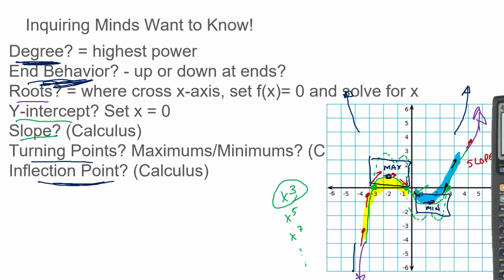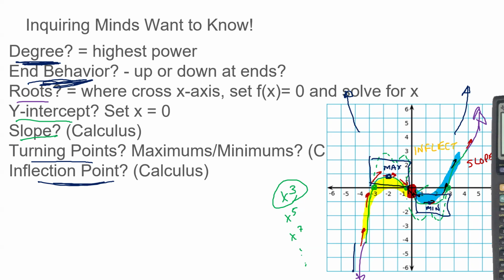So I was bowl down, here I'm bowl up. Somewhere there in the middle, it had to flip. It had to change from being bowl up to bowl down. And that's called an inflection point where it changes direction.